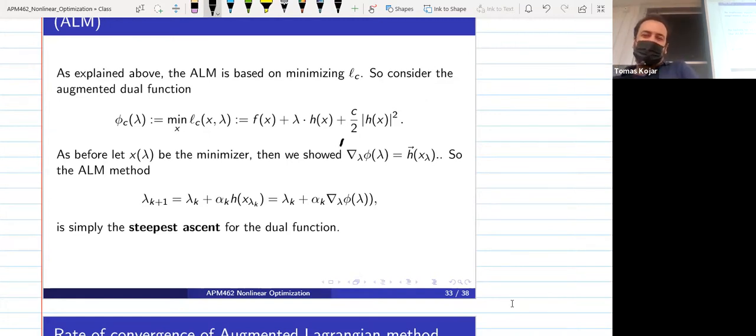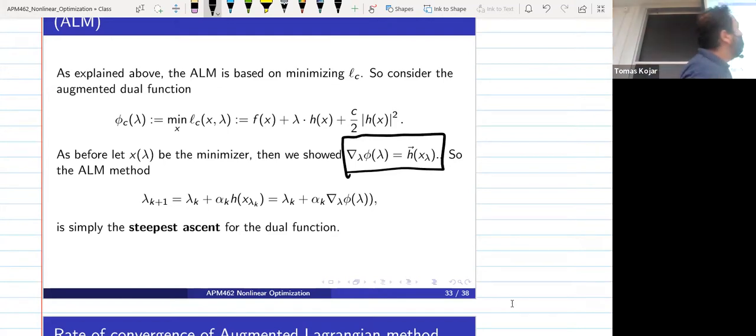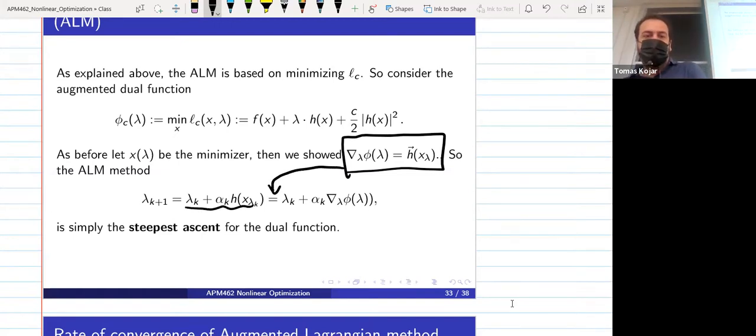I don't know if you remember, but last time we computed the gradient of this dual, and we found it to be the constraint. So there's an accidental beautiful thing that happened here: ALM is the same as steepest descent, ascent, I'm sorry, for the dual.